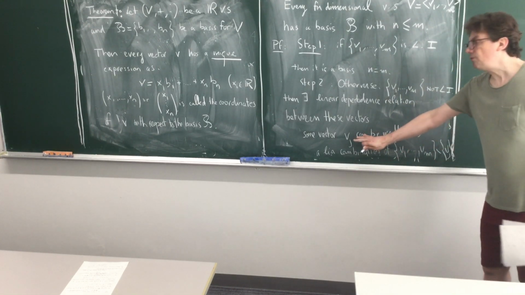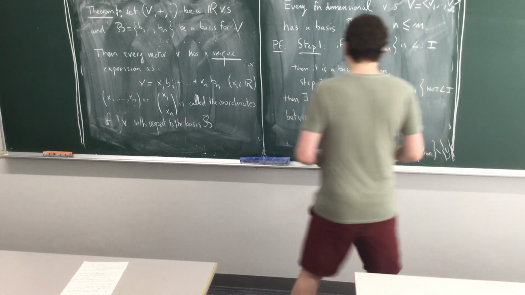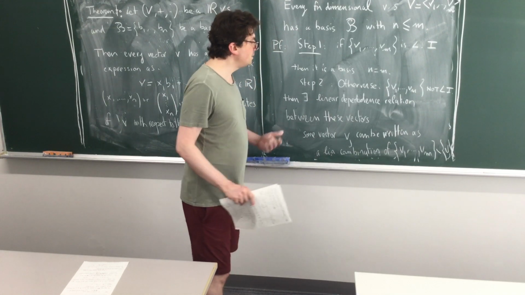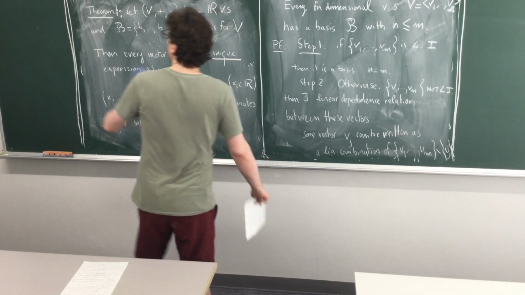So you can express one vector in terms of the others. You will call this a linear dependence relation for vj.